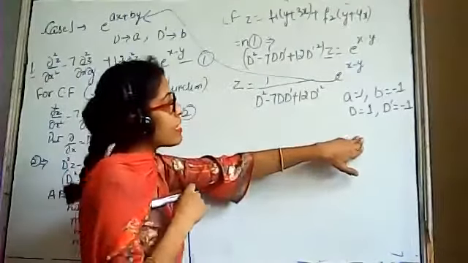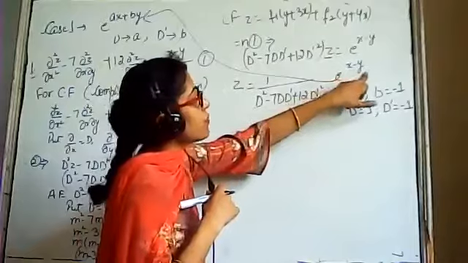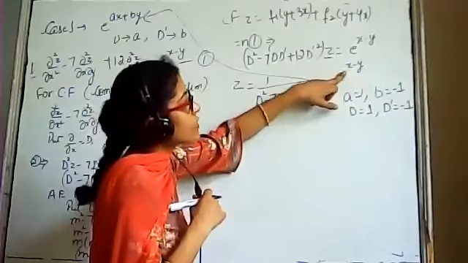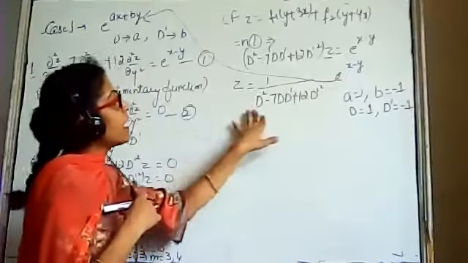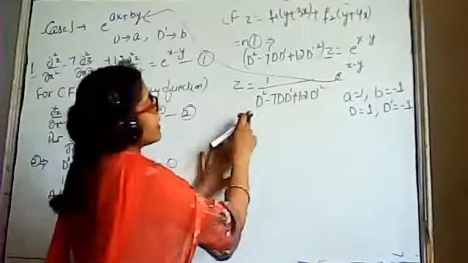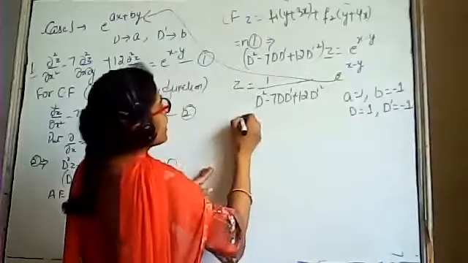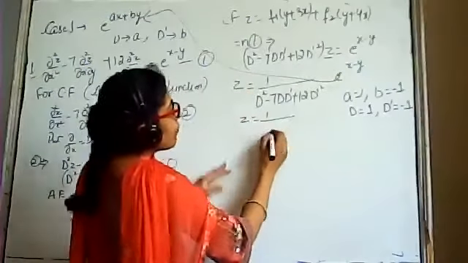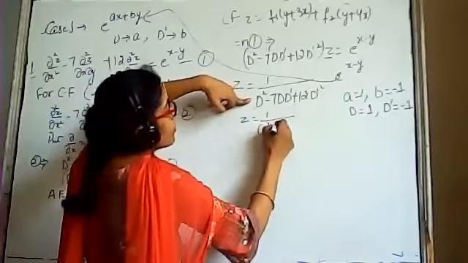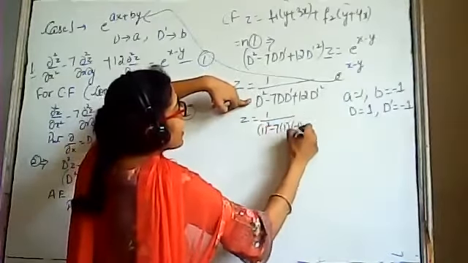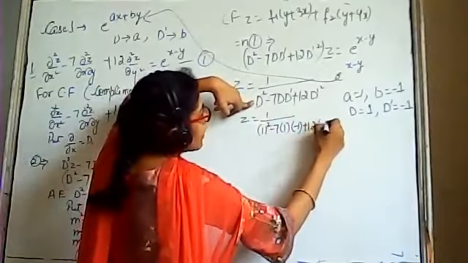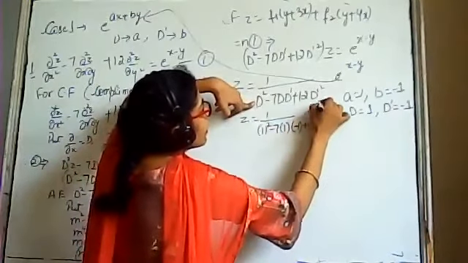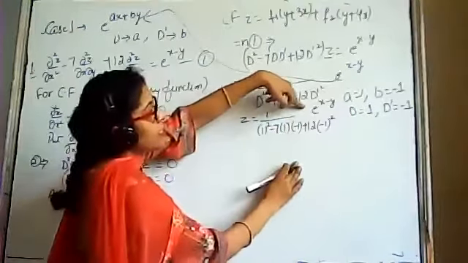Simply replace this denominator D with 1 and D' with minus 1. We get 1 upon 1 square minus 7 into 1 into minus 1 plus 12 into minus 1 square, into e to the power x minus y.